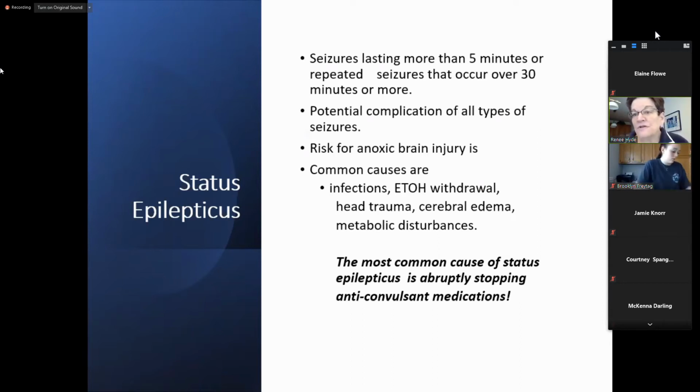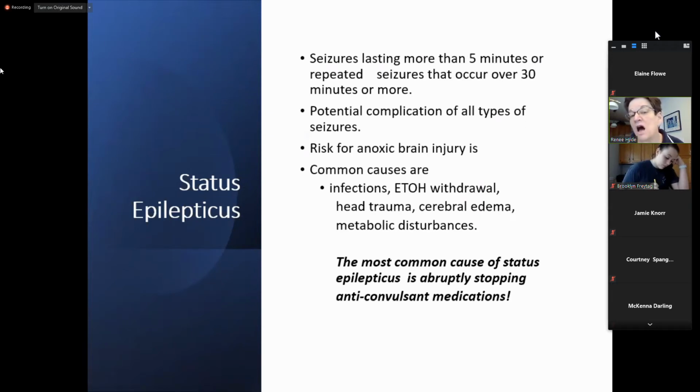It most often is referred to as status, and is a seizure that lasts more than 5 minutes, or multiple seizures that occur over 30 minutes or more. It is a potential complication for all of the types of seizures that I talked about, whether it be complex partial, simple partial, the tonic-clonic, the absence, the myoclonic, or the atonic seizures.